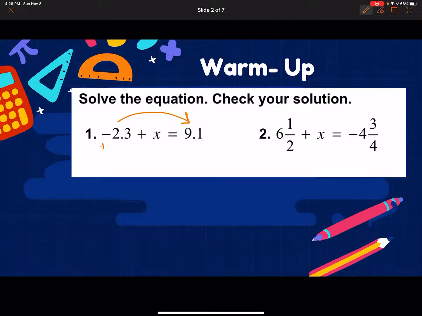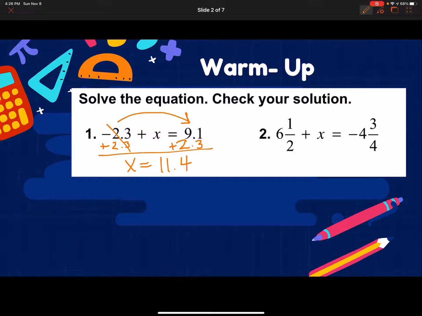Or if you would prefer to add the 2.3 and get rid of it that way, you're doing essentially the same thing. So if we move it across the equal sign and change the sign, we're still adding 2.3. So put that into your calculator, 9 1/10 plus 2 3/10, and you're going to get 11 4/10.